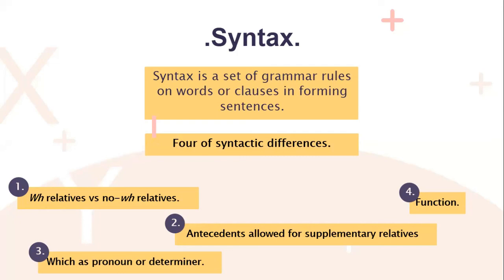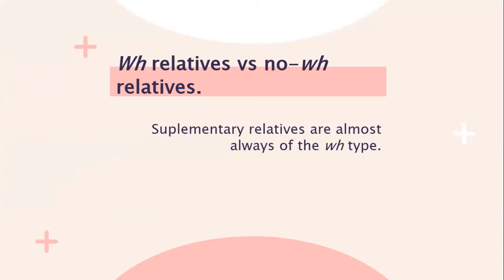The first is WH relatives versus no WH relatives. Number two is antecedents allowed for supplementary relatives. The third is which as pronoun or determiner, and the last is function.